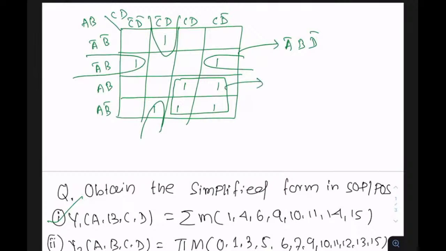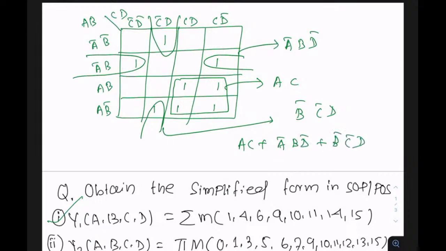For this, A from the row and from the column you get C. And from this, from the row you get B bar and then C bar D. So the expression is AC plus A bar B D bar plus B bar C bar D. This is the answer.